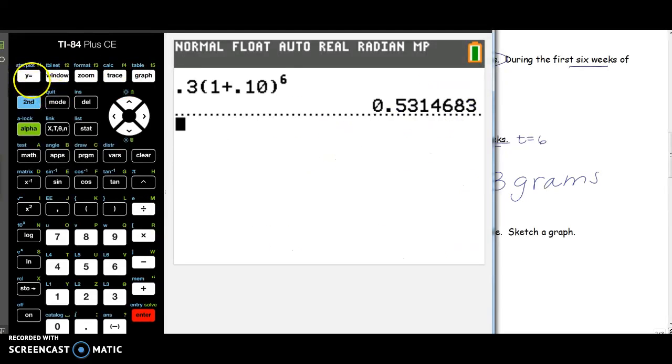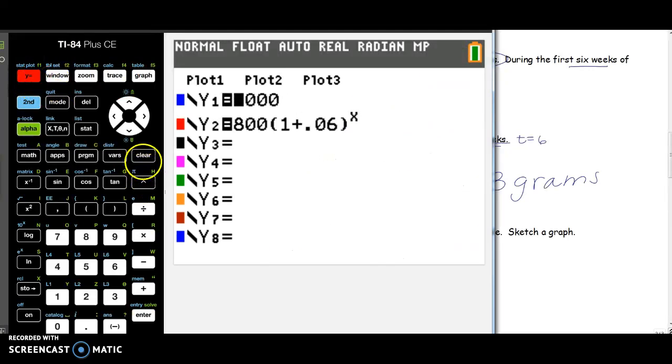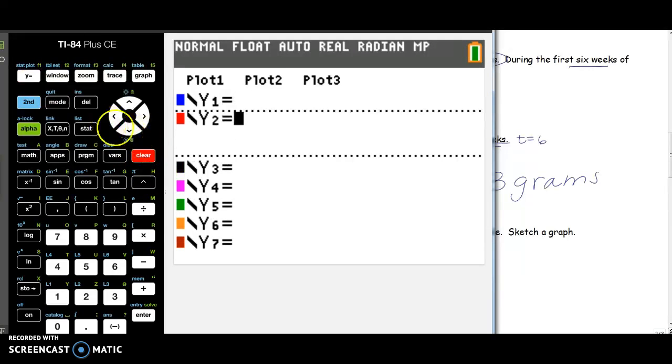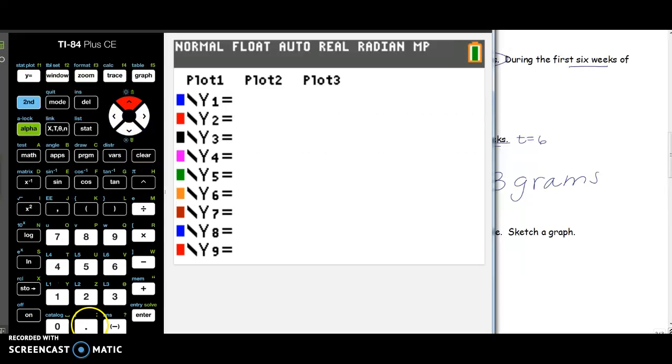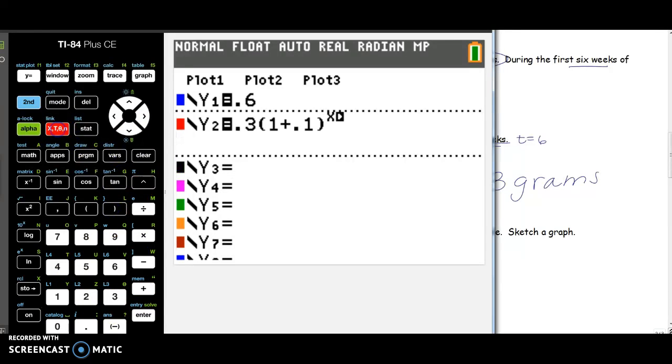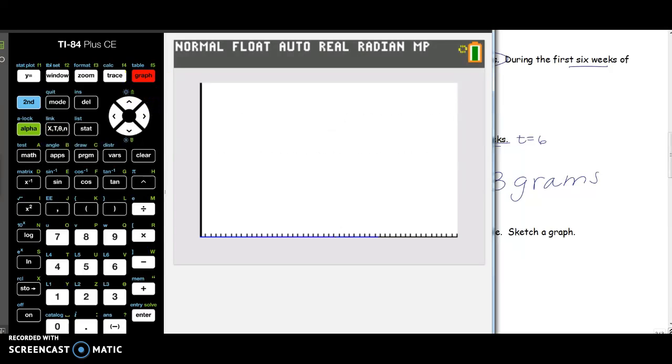So if we go back to our graph, clear everything, you have our y1, which is 0.6, our y2, which is 0.3 times 1 plus 0.1 raised to the x power. If you were to hit graph, it's set for 5,000, and this is really close to 0, so we really don't see any change.